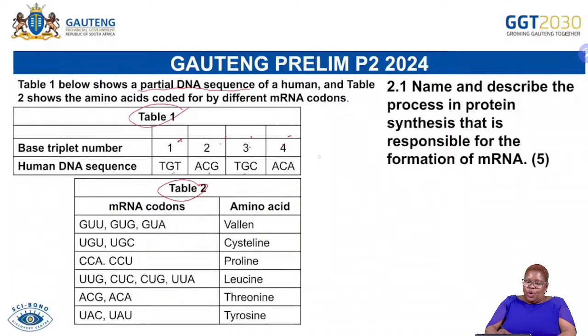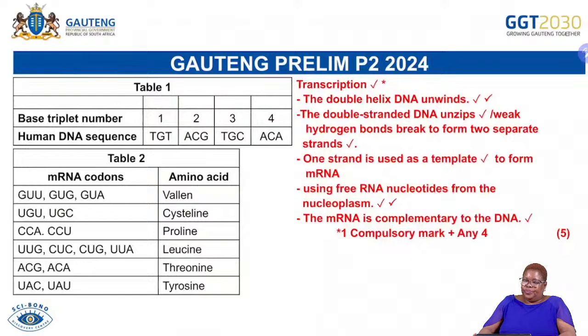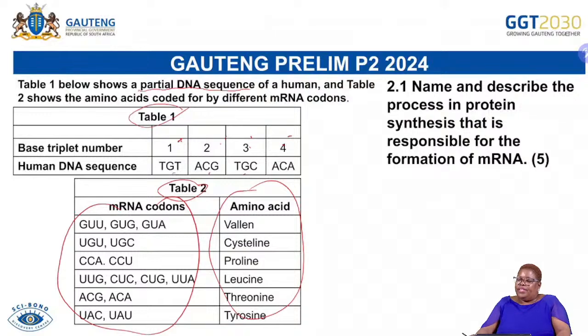Okay. So we've given mRNA codons. These are the codons given and the amino acids. All right. Let me go back. Right.